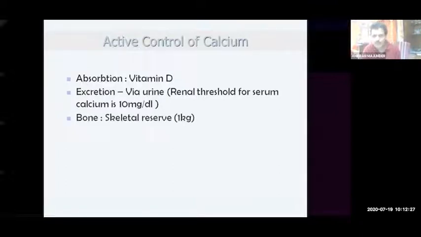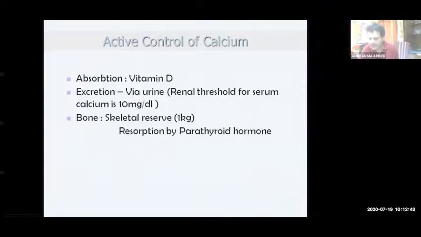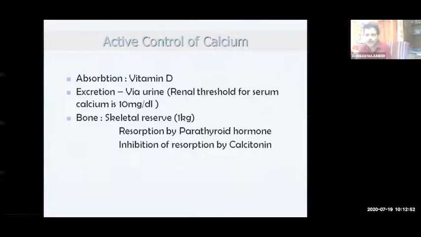The third point which makes a significant contribution to the serum calcium level is the bone. We have a huge skeletal reserve of calcium, roughly around 1 kg, and continuously there is resorption at the level of the bone, and there is a constant inhibition of the resorption. These two are continuously going on and are influenced by two important hormones, parathyroid hormone and calcitonin.